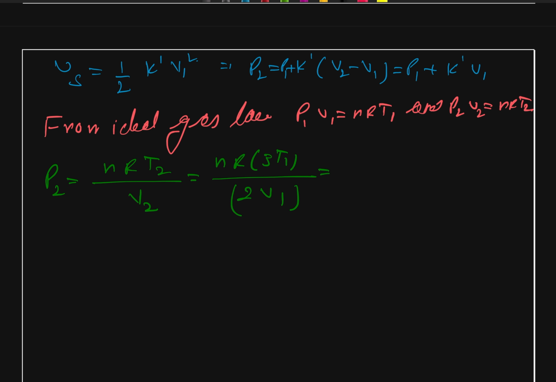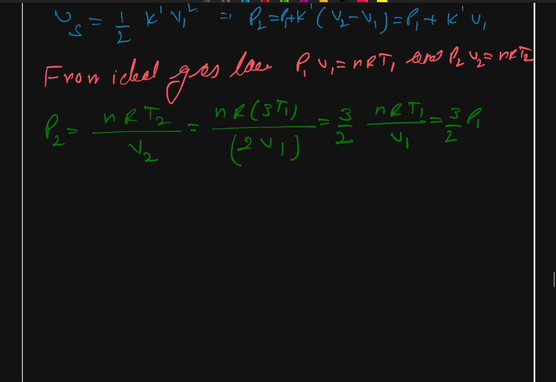So this gives us 3 by 2 nR T1 upon V1, which comes as 3 by 2 P1. Therefore, we already know now the relationship between P2 and P1.